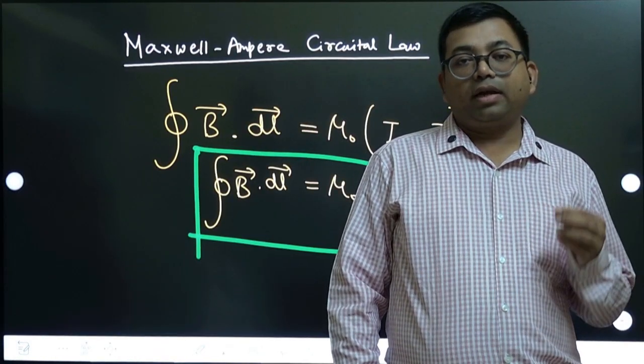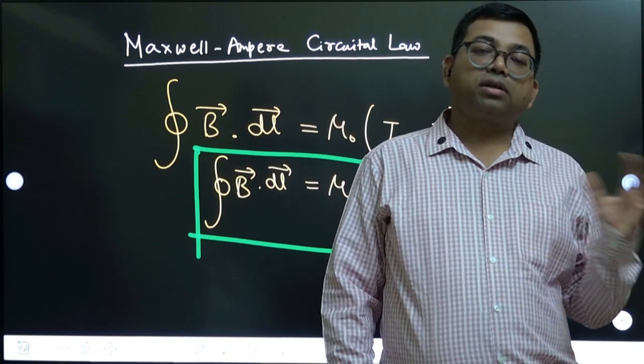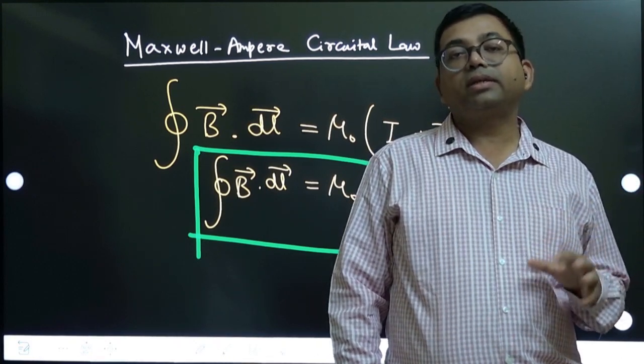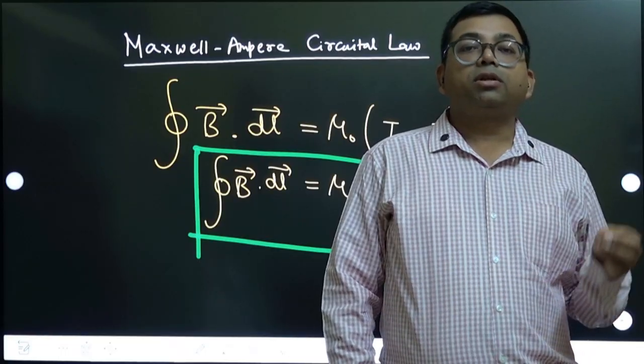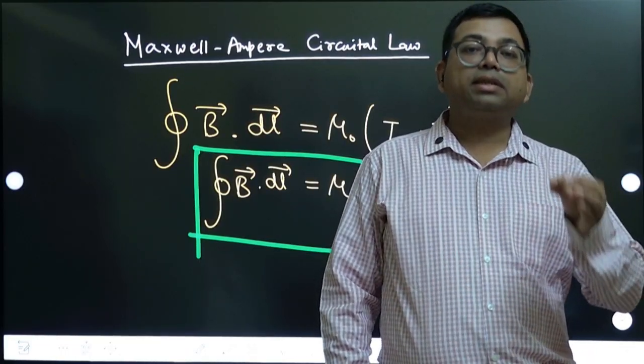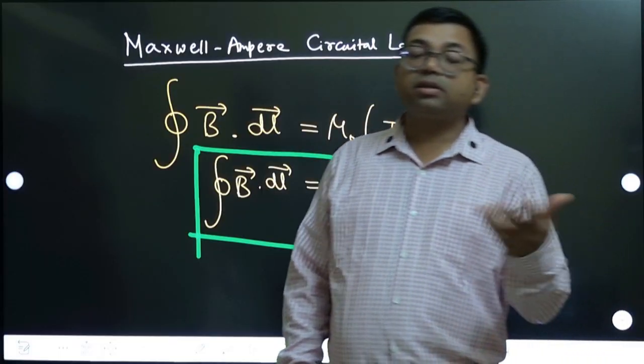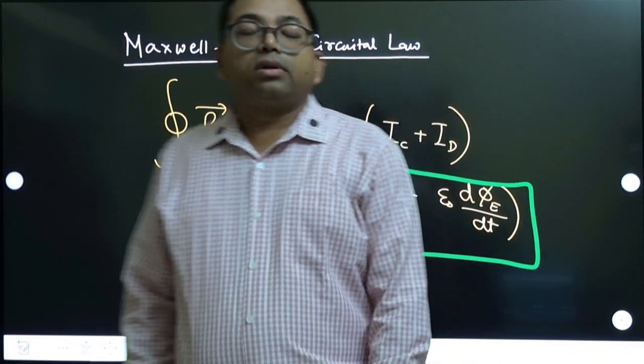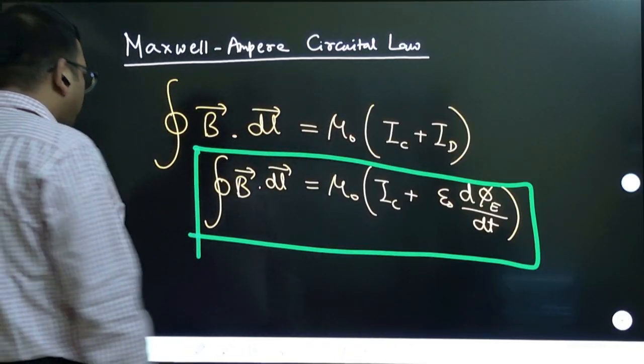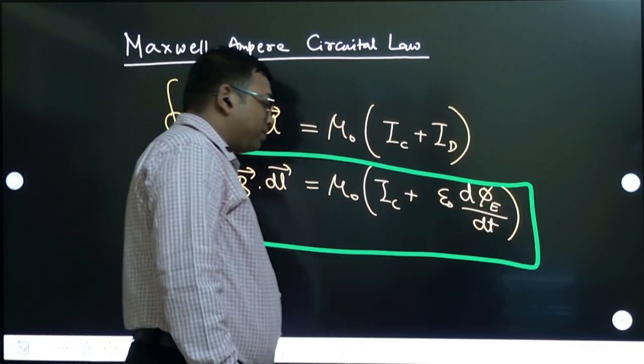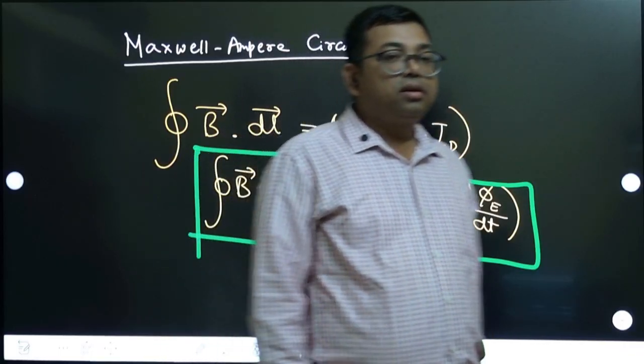So the idea is that if nothing is mentioned, we can take the entire area of the loop as the area of the capacitor, but if they mention it, then we have to take special care, and we have derived the formula also, right?